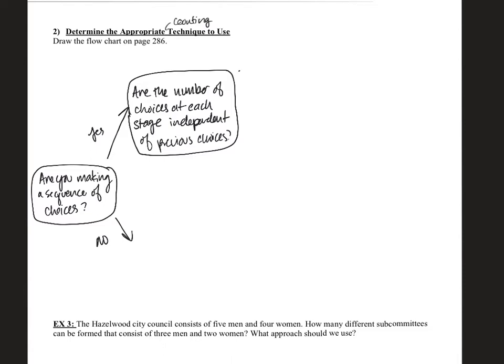If the answer is yes, we can do multiplication rule of counting, which is just multiplying them all together, P times Q times R, and so on.